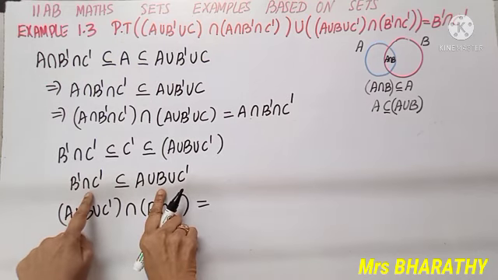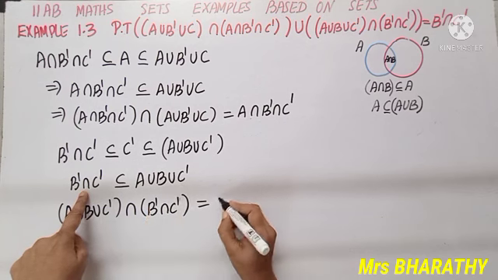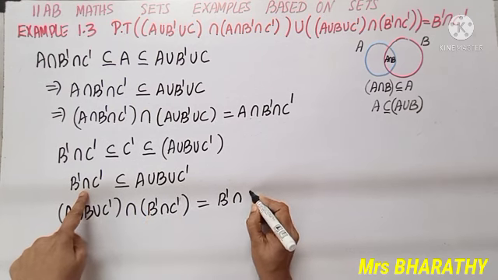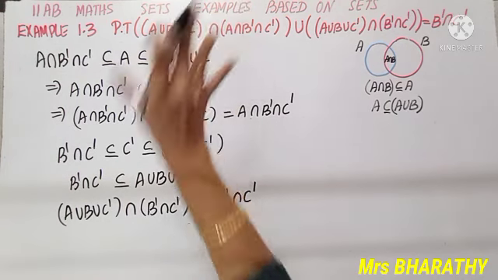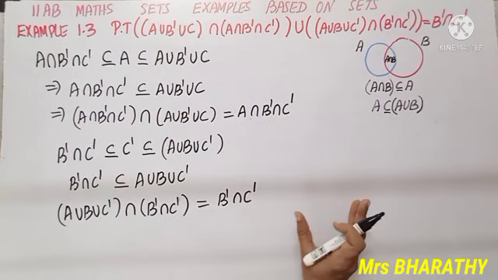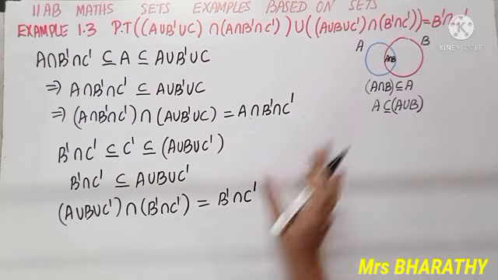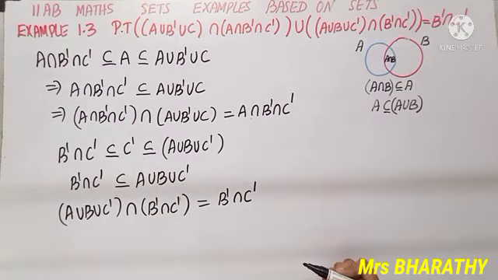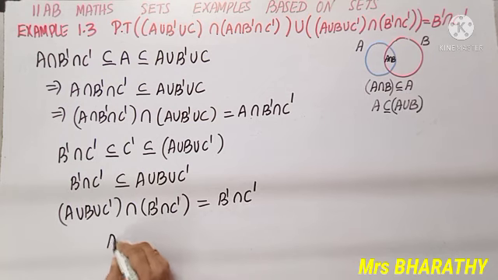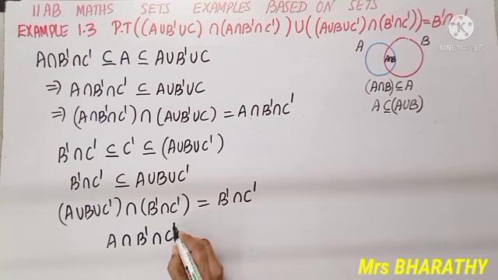Out of the two, this is smaller. So my answer is B dash intersection C dash. So the entire first gives me this answer and the entire second gives me this answer. Now I want union. So what is my question? A intersection B dash intersection C dash.